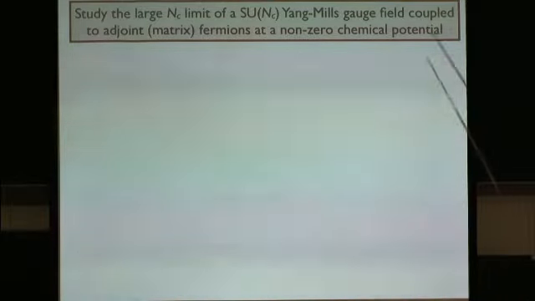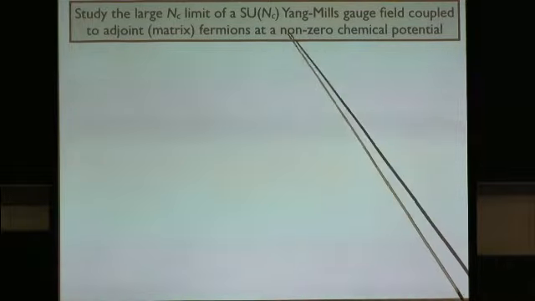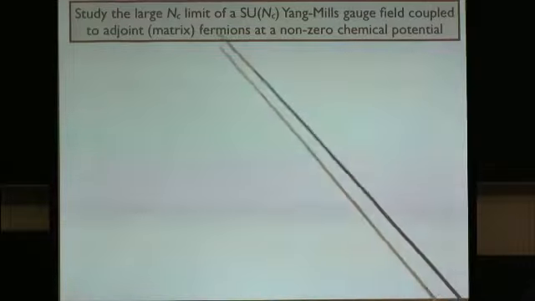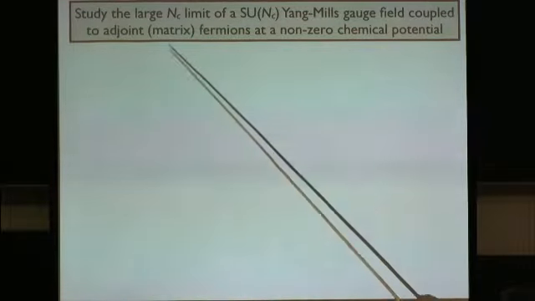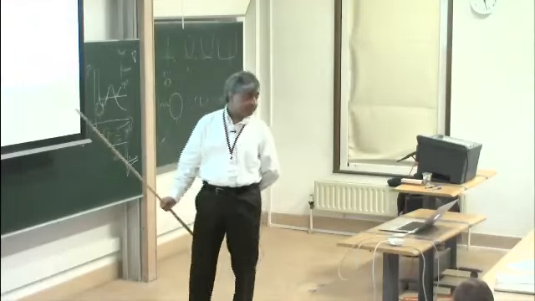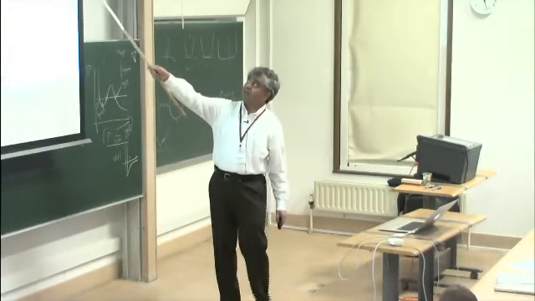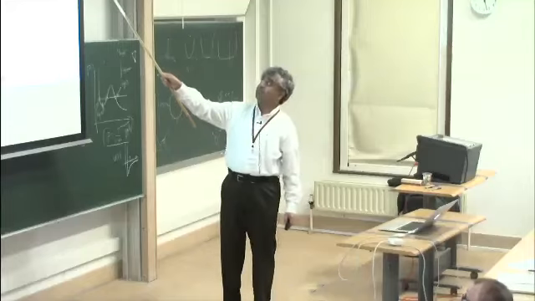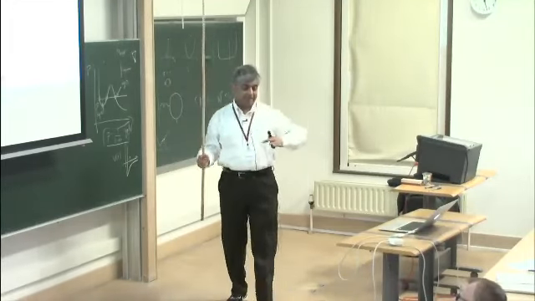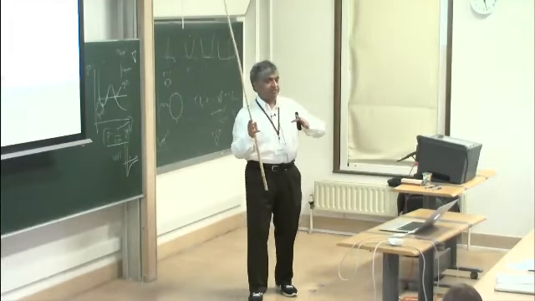So here's the model that I would love to know the answer to, and I don't know the answer, but I'm going to propose some constraints. Take an SU(NC) Yang-Mills gauge field and just couple it to a bunch of fermions which are in the adjoint representation. And then I add a non-zero chemical potential. By this I mean a chemical potential that couples to some conserved global charge.